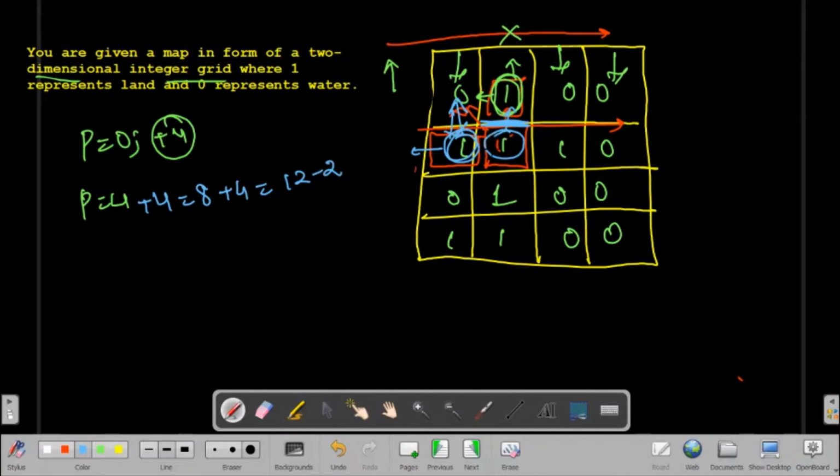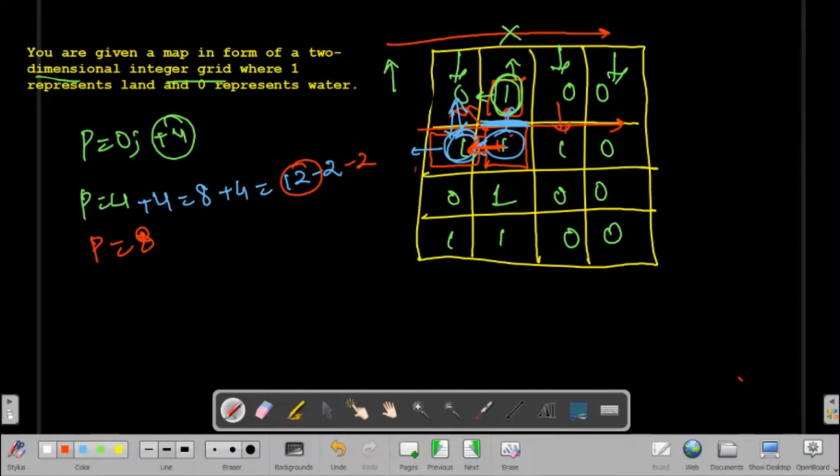So I will minus 2. And again I will look in the left direction, yes, again we have. So again I will minus 2. So now my perimeter is 8.